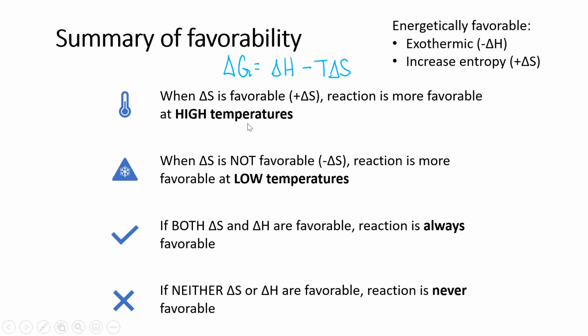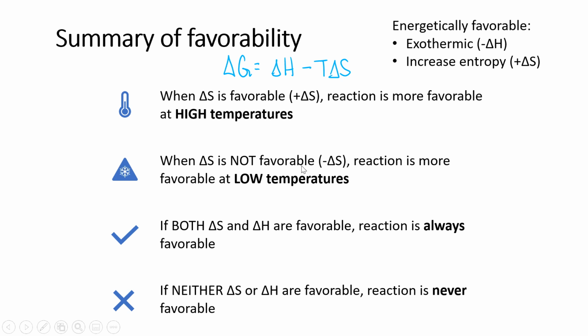If you look at the temperature variable, the temperature is being multiplied by your delta S. So the temperature is going to magnify the impact of the entropy change. If this delta S value is favorable, then at a higher temperature, that process is going to be even more favorable.